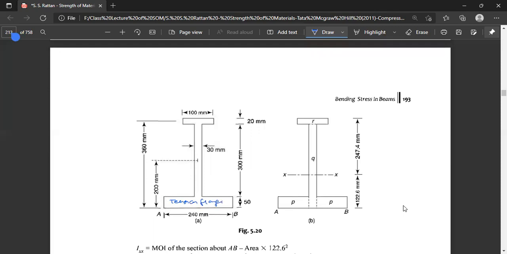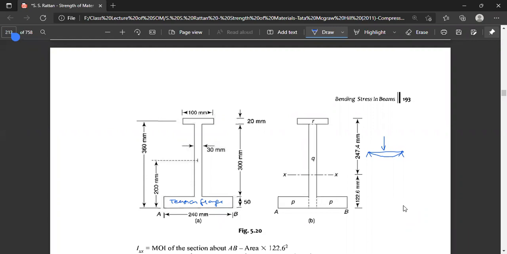Why is it given? If the beam member is loaded like this, with a support here and a support here, and a load here, it will bend like this. The bottommost fiber of the beam will be under maximum tension, and the topmost fiber of the beam will be under maximum compression.